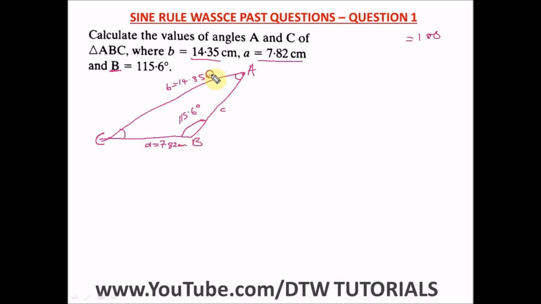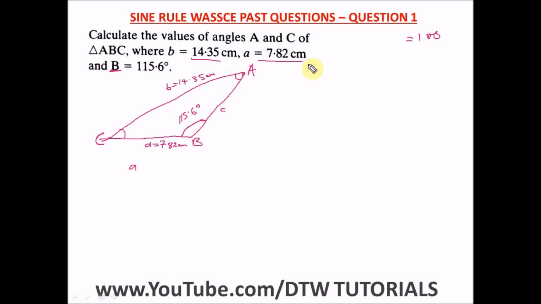Don't forget your units of measurement, centimeter. Now, how do we apply? We have two sides and we have an angle, and that angle has the side opposite to it. So it means we can easily find, now we have side a, we can easily find angle A.